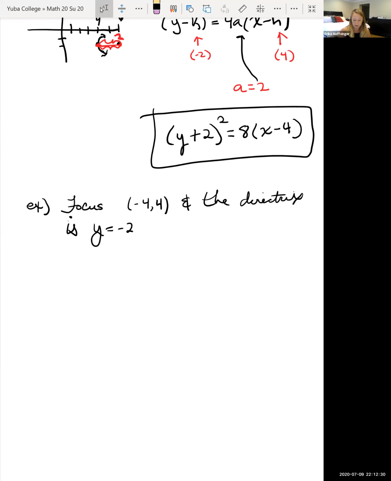Well, we know where our focus is. It's given, it's -4, 4, so let's go to the left 4 and up 4. And then it's given us that the directrix is at the line y equals -2. So this is a horizontal line.